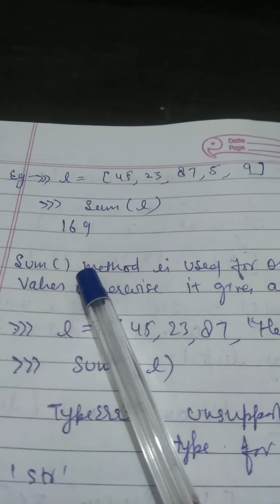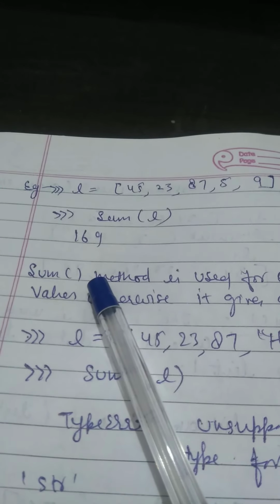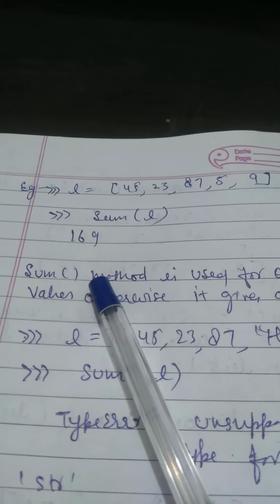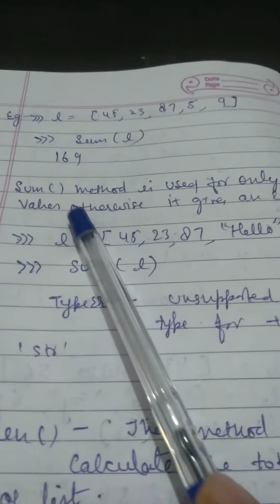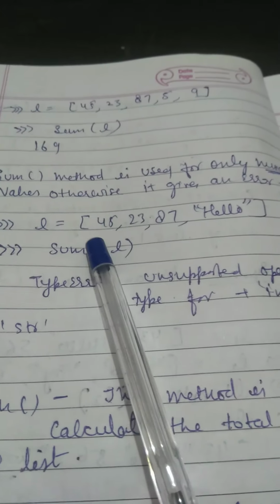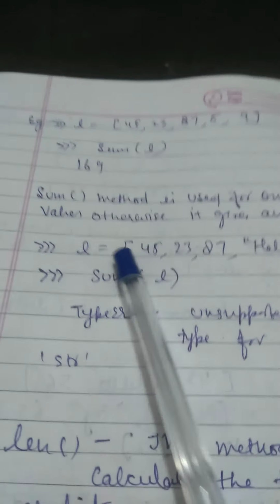Suppose you are giving your name, can you add any number to your name, like Aman 10? No. So the same thing here. When we use sum on the numbers, it adds the values and you get the output 169.